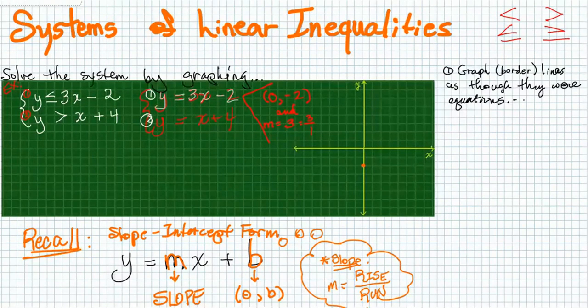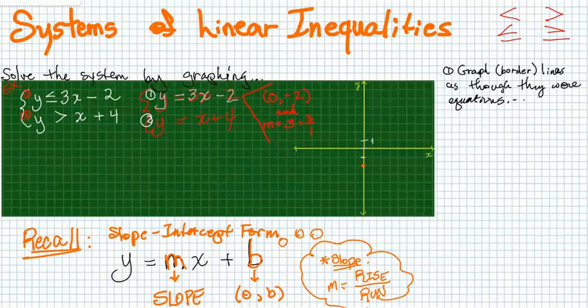Rise over run. Rise 3 units. Let me help you out here with another color, a gray for my rising and running. So we'll rise 1, 2, 3, and run 1 to right here.